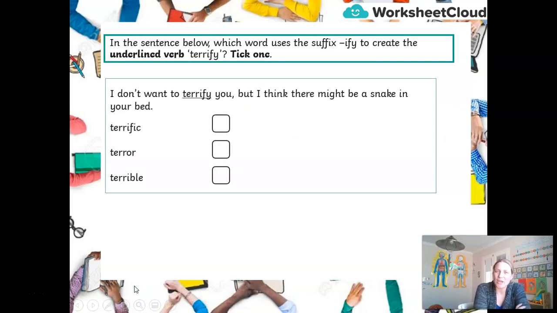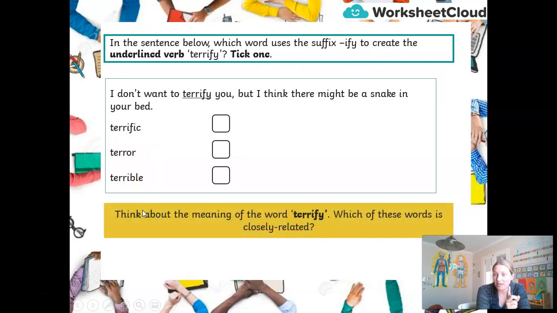In the sentence below, which word uses the suffix "ify" to create the underlined verb terrify? Tick one. I don't want to terrify you, but I think there might be a snake in your bed. So which of these would you add the "ify" suffix to make terrify? Terrific, terror, or terrible?